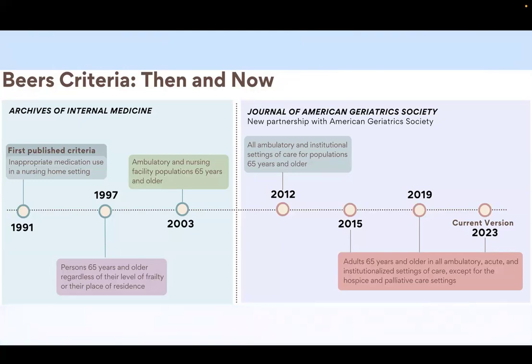In 2003, the ambulatory and nursing facility population 65 years and older came into the picture. What do you mean by an ambulatory patient? An ambulatory patient is someone who can walk around on their own, not bedridden.